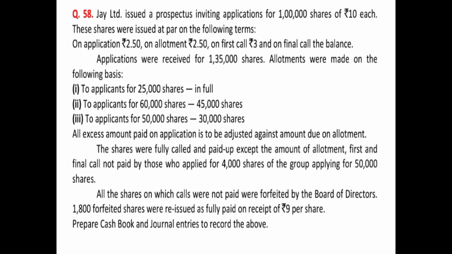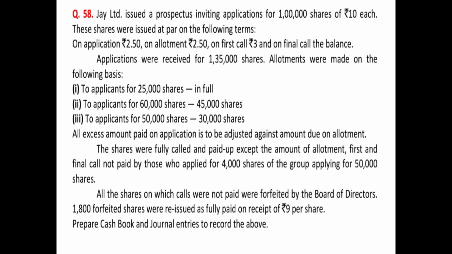All excess amount paid on application is to be adjusted against amount due on allotment. So whatever surplus is received, that will be adjusted towards the allotment. The shares were fully called and paid up except the amount of allotment, first and final call not paid by those who applied for 4,000 shares of the group applying for 50,000 shares.